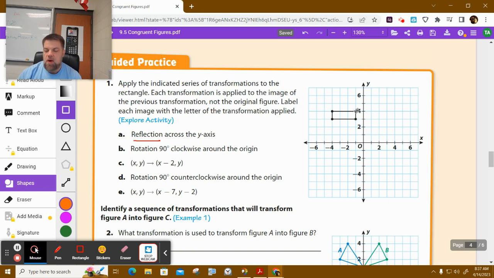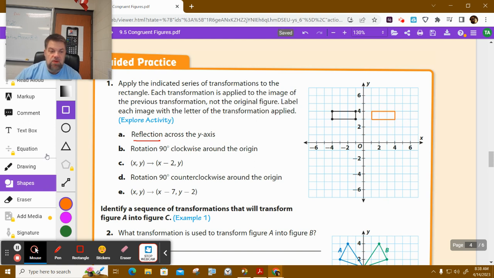So the y-axis, the x values, in other words, I'm going to reflect across this line here. The only thing that changes are the x values. It's the negative of the x values. So it goes like this.